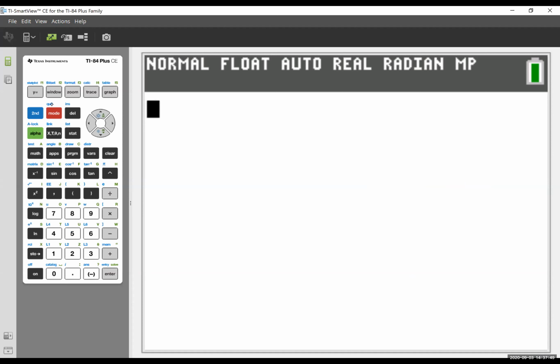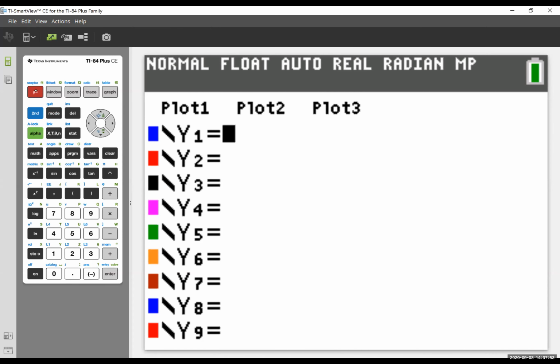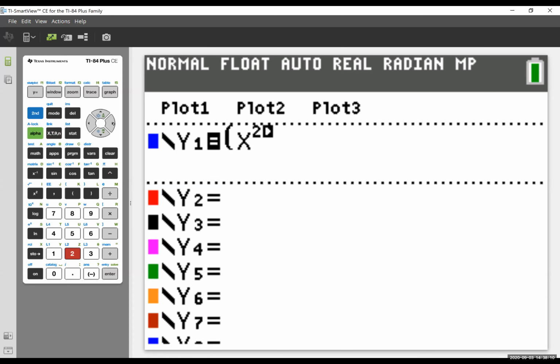And we're going to enter our rational function, press Y equals, there's the function editor. And what's really important with the rational functions is that you realize it's in fraction form. You want to make sure you're clear about this with the TI. So I'll start off by enclosing the numerator entirely in parentheses. And I'm using the original form of the function. Kind of saves me a little trouble with extra parentheses if I have to factor.